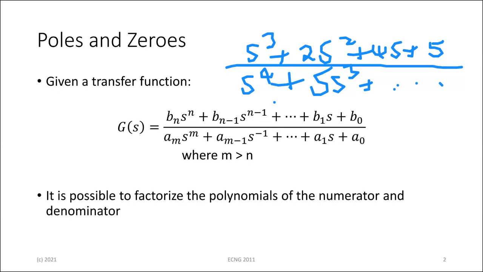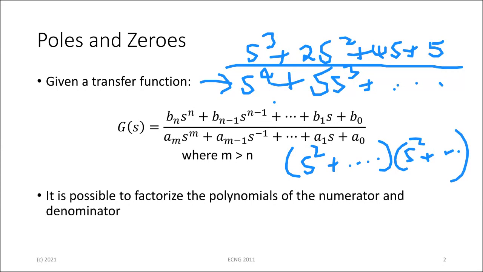So if this was a fourth order system, what we would typically try to do is break this up into something like s squared plus something, multiplied by s squared plus something. And even this we could break up into s plus something, and so on.